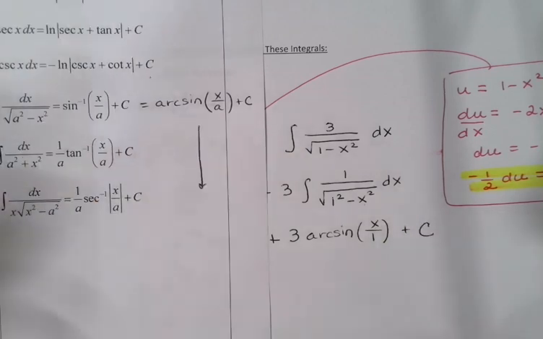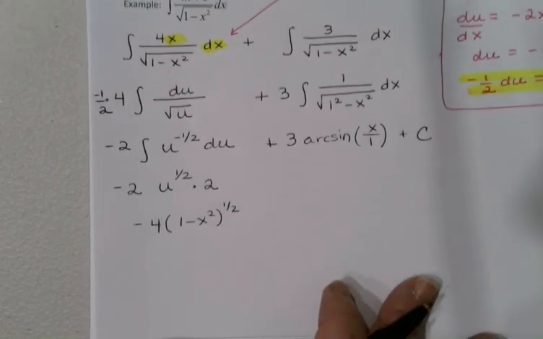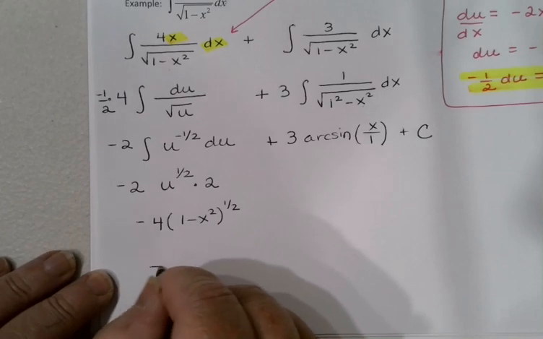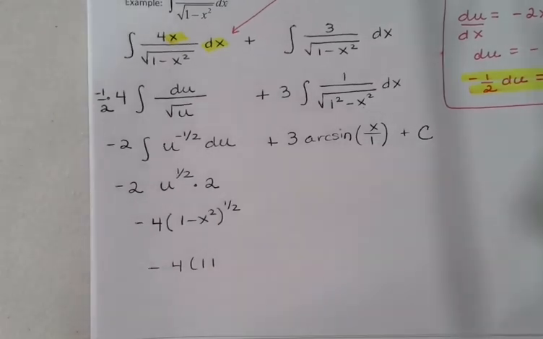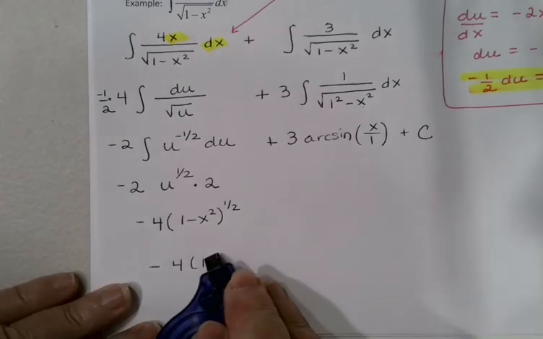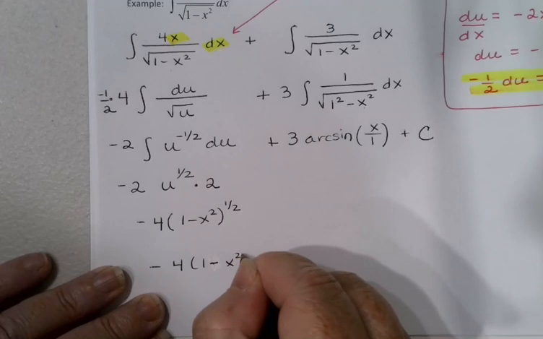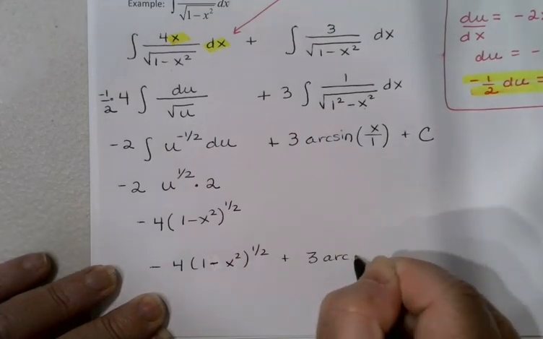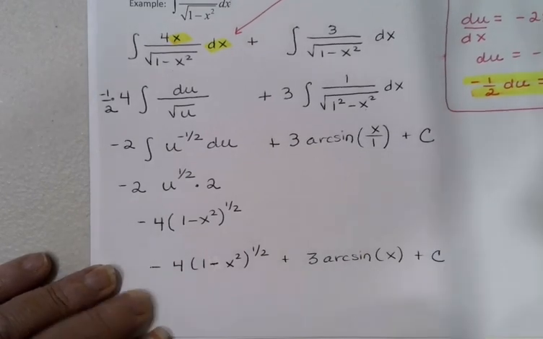And I'll put my plus c in since I'm now at the end. So putting my two pieces together, my final answer is going to be negative 4 times 1 minus x squared to the 1/2 plus 3 arcsine x plus c.